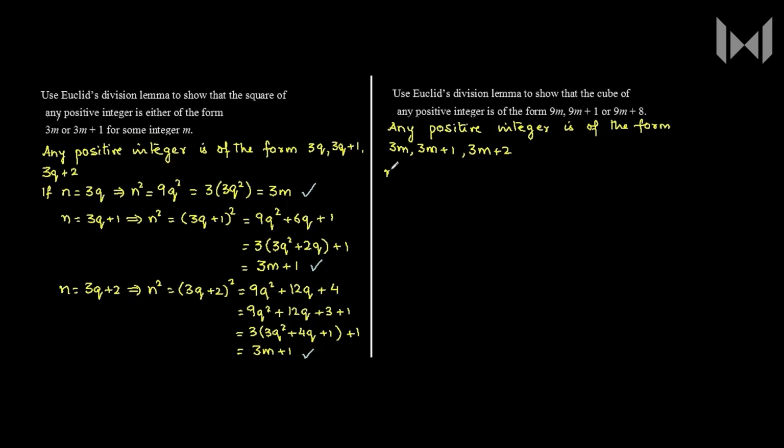Now for n is equal to 3q, it implies n cube is equal to 27q cube, which is equal to 9 times 3q cube.